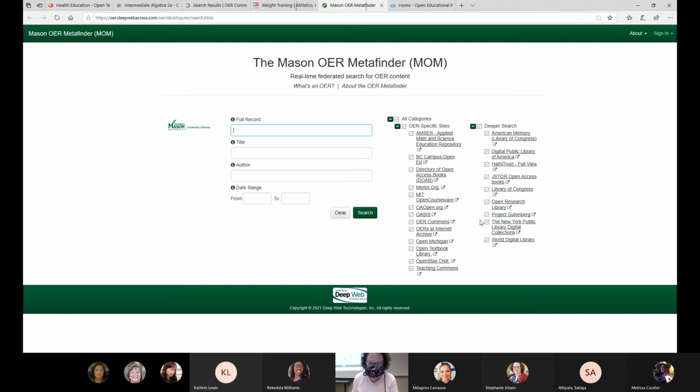One thing to keep in mind with MOM here is this deeper search. So this is showing open resources, and they can be used for education, but they are not necessarily textbooks or slides or quizzes or different things like that. New York Public Library digital collections, wonderful pictures, wonderful different collections, but not necessarily those things that are traditionally textbooky.